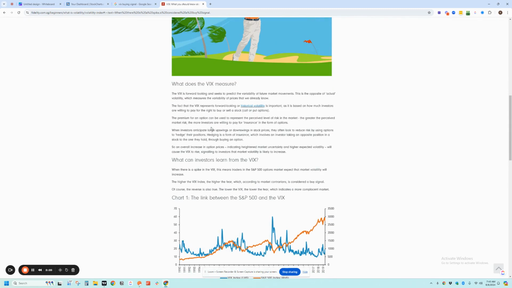What does the VIX measure? The VIX is forward looking. All right, we get that. It's looking at the future, and it seeks to predict. Investors are seeking to predict the variability of future market movements. So they're trying to use VIX as a measure of how much more volatile or less volatile things will be.